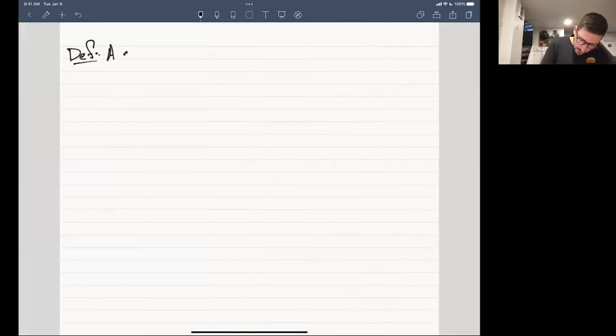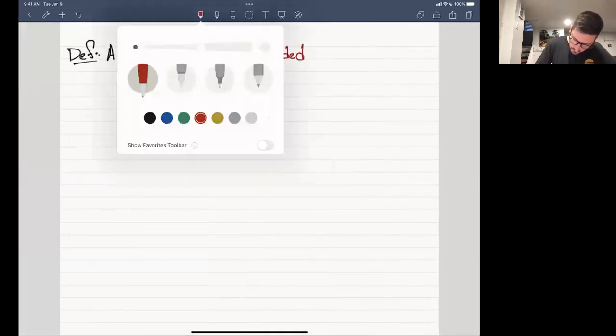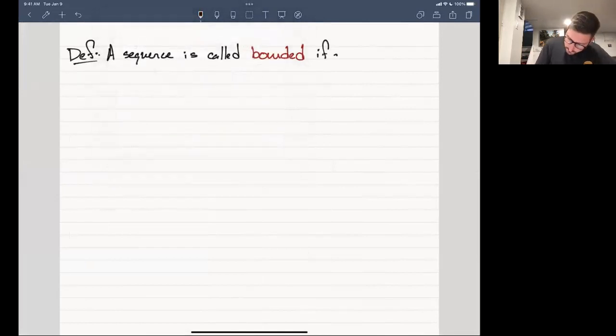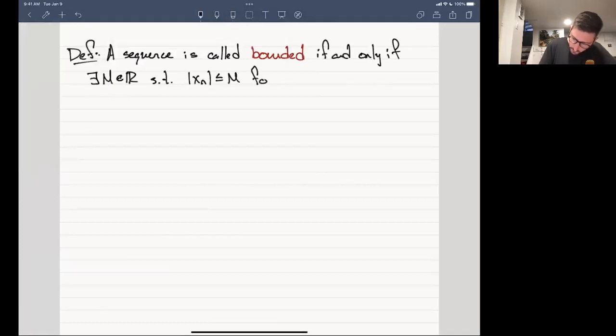So we're going to say a sequence is called bounded if and only if there exists a capital M in R such that the absolute value of xn is less than or equal to M for all n greater than or equal to 1.